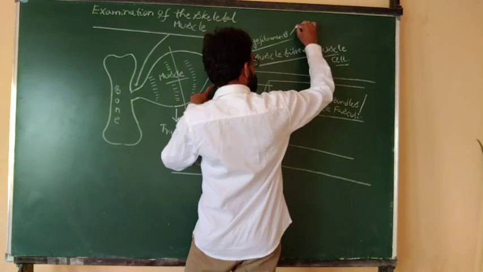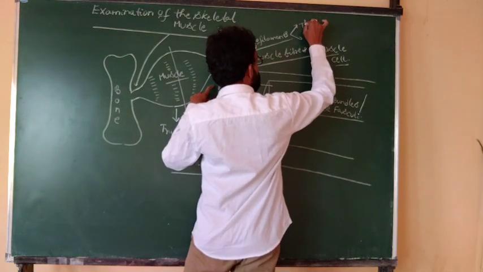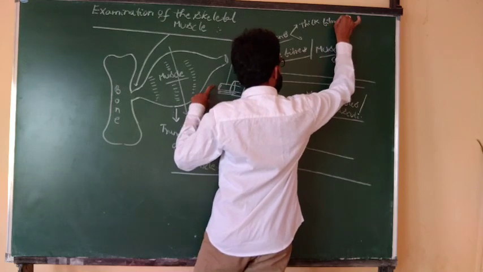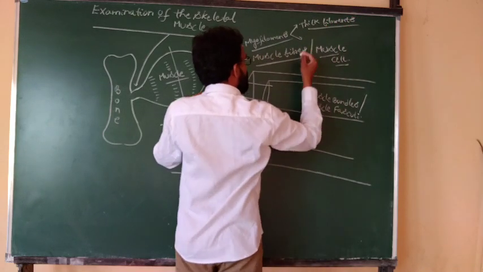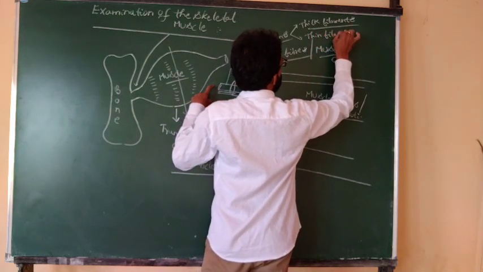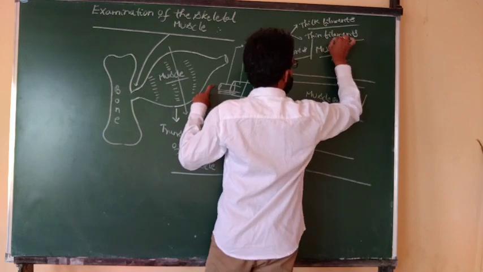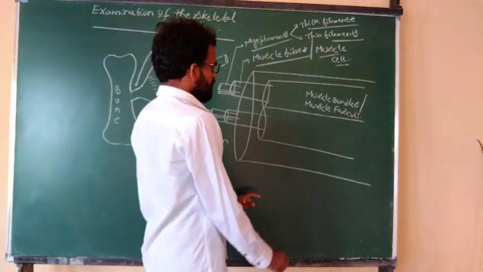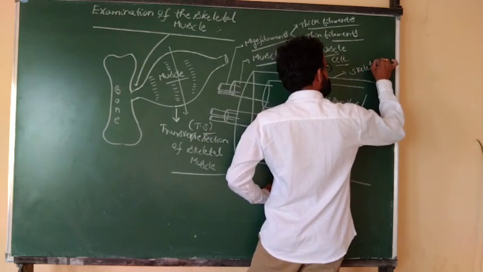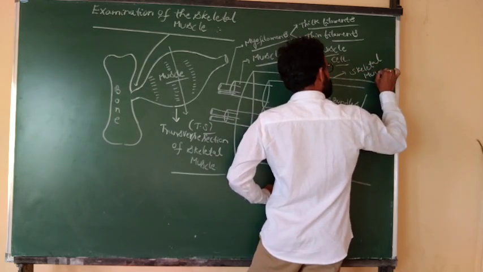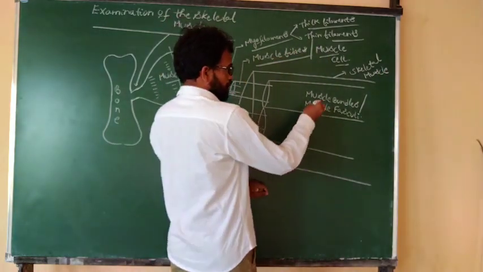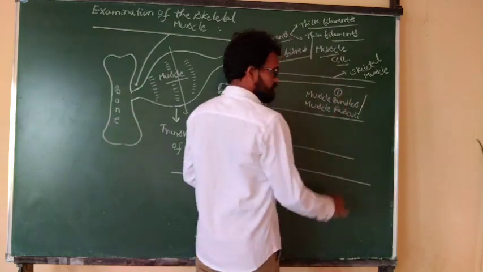Myofilaments are nothing but thick filaments and thin filaments. For example, the skeletal muscle is composed of a number of muscle bundles.